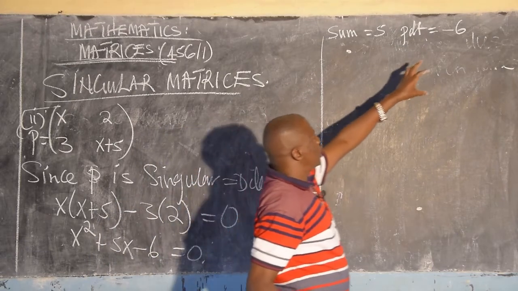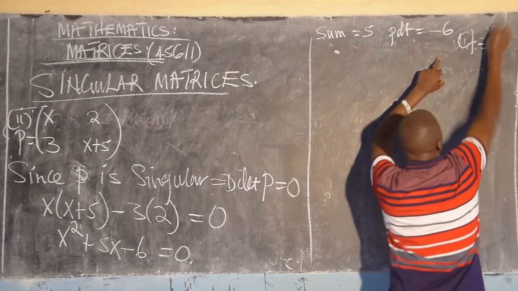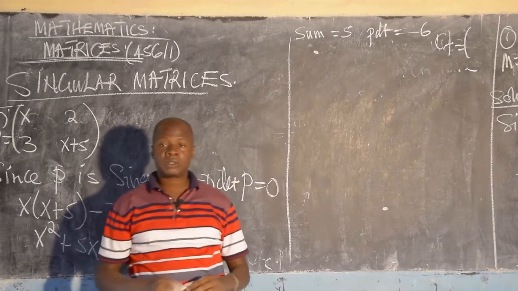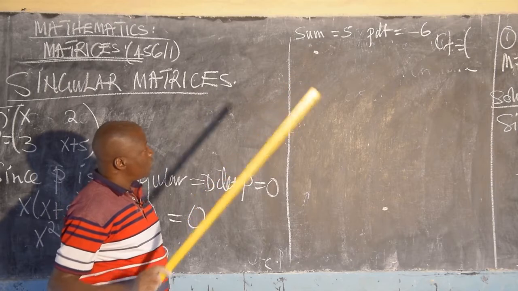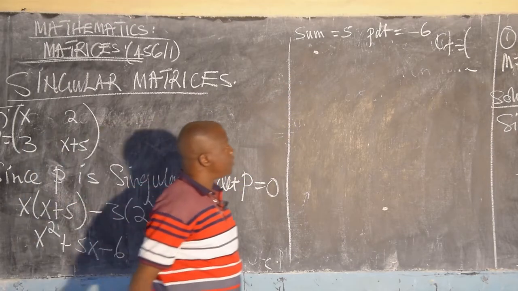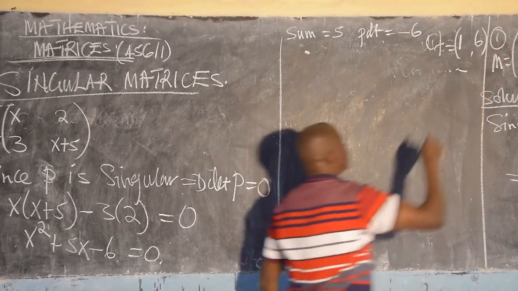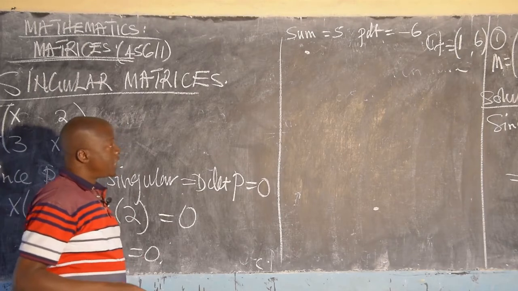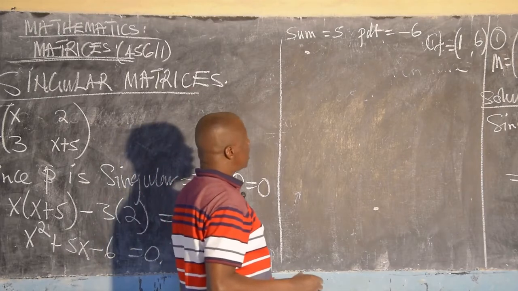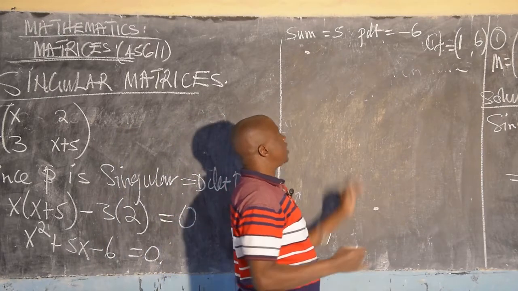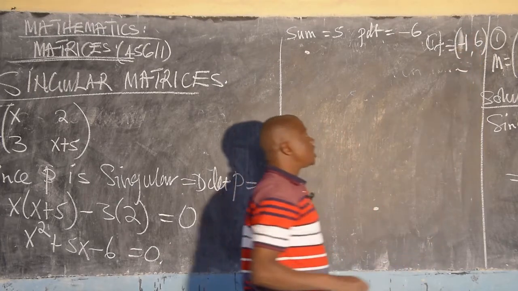So we need to check within the factors of 6. Somebody can say 1 and 6. When you look at 1 and 6, we see that there is a 5. But identify which of the two numbers should have a minus sign, such that when you add it gives a positive 5, that is negative 1. So it is negative 1, 6.